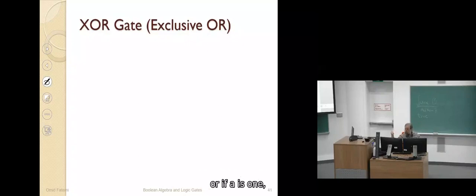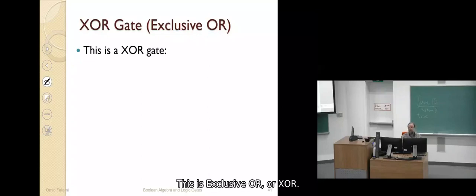In the regular OR, if A is 1 or B is 1 or both of them are 1, we get 1, you get true. But in exclusive OR, it should be only one of them. Either A is 1 or B is 1, not both of them. If both of them are 1, then we get false.